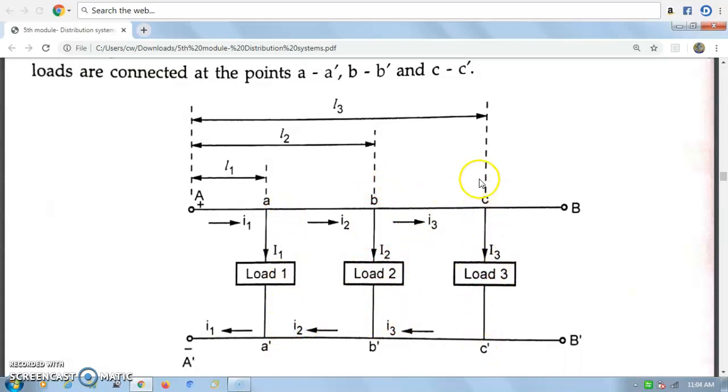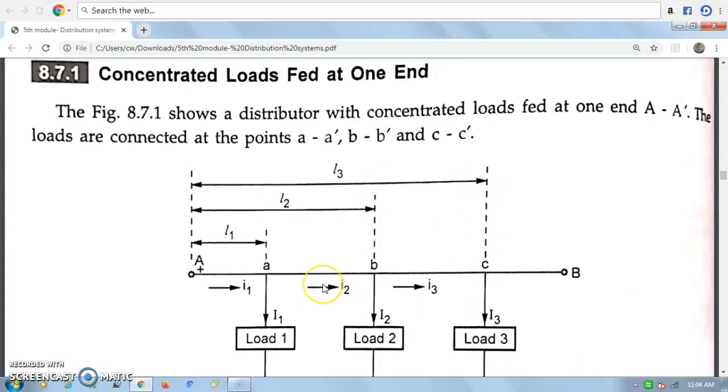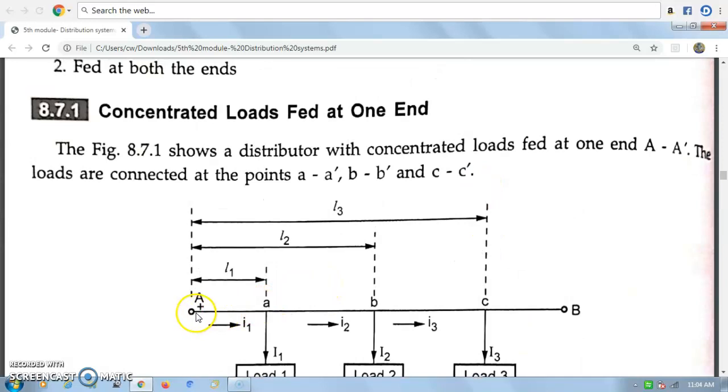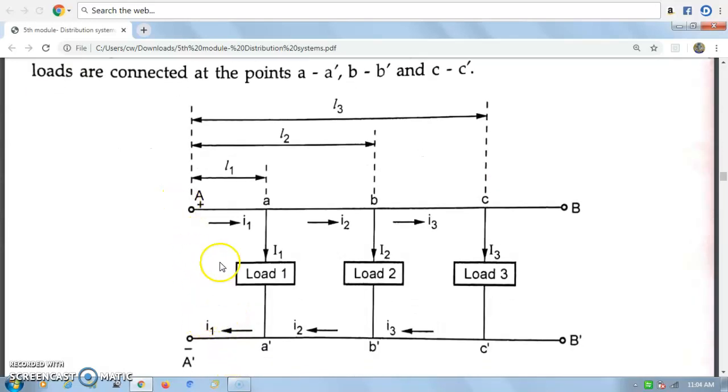The third load is connected between C and C dash. The load is fed at only one end, that is A and A dash. Each section, A to B, B to C, the length of the distribution is L1, L2, L3. The current through each section is I1, I2, I3.